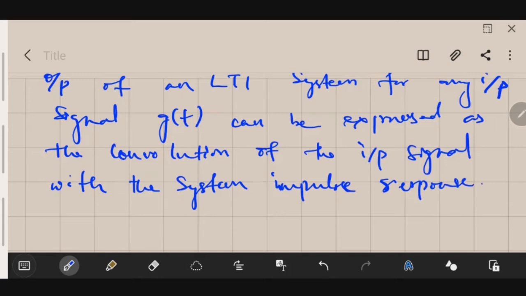So if you have an input signal and you have the impulse response, you could always find out the output of that system.